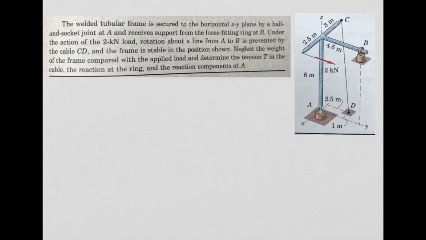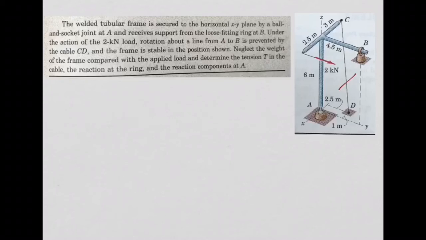So, first thing to do, again, free body diagram. So we need to isolate this body from the support. There is one important thing we need to do here because we want to get the force in the cable. So basically, we will have to cut our cable somewhere. You see?